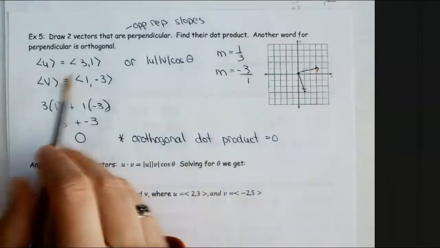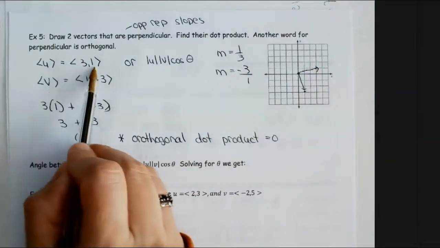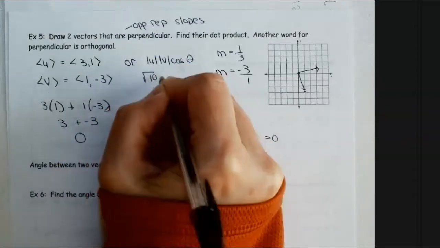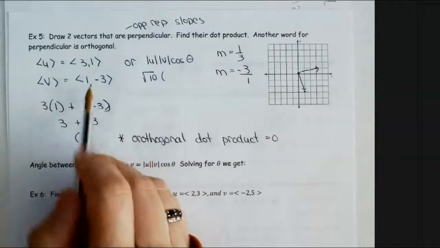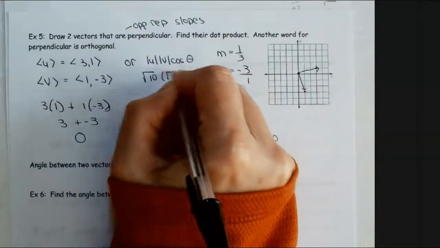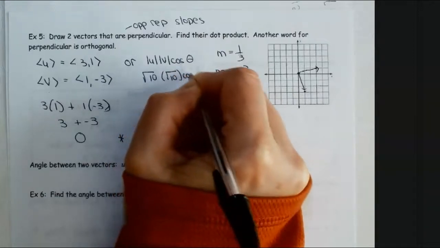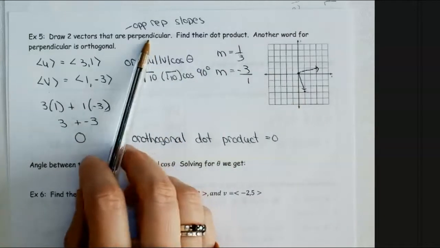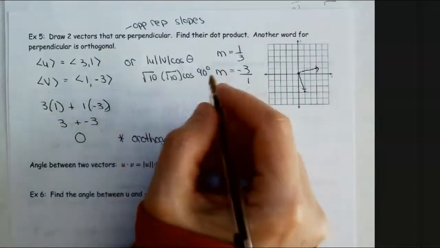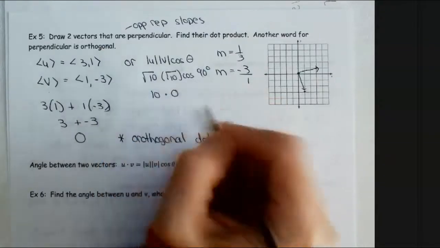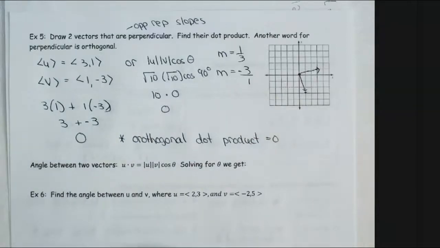So the magnitude of this vector here, 3 squared plus 1 squared, would end up being radical 10, times the magnitude of this vector, 1 squared plus a negative 3 squared, which ends up being radical 10 as well. And then you've got the cosine, and we know it's 90 degrees because the vectors are perpendicular. So radical 10 and radical 10 ends up being 10, but the cosine of 90 is 0. So notice again, when you look at their dot product, we end up with a product of 0.